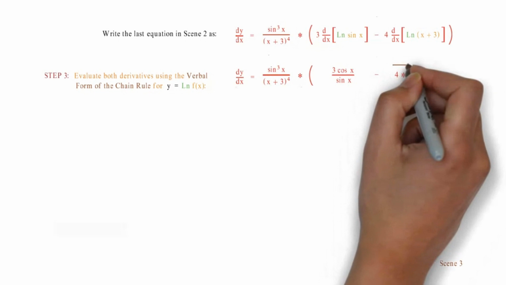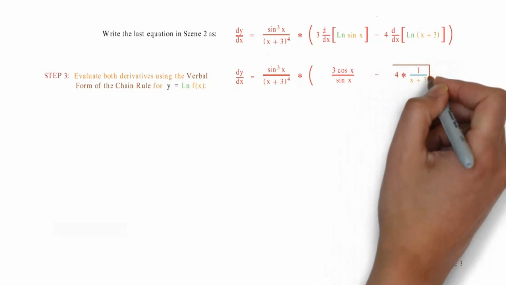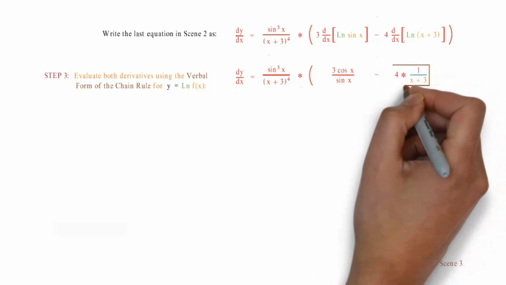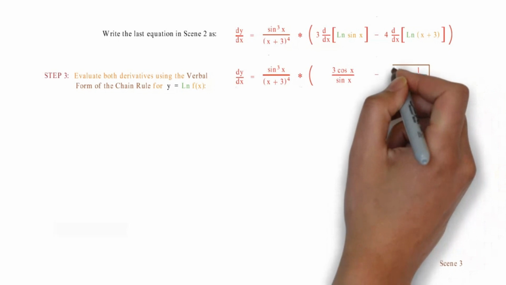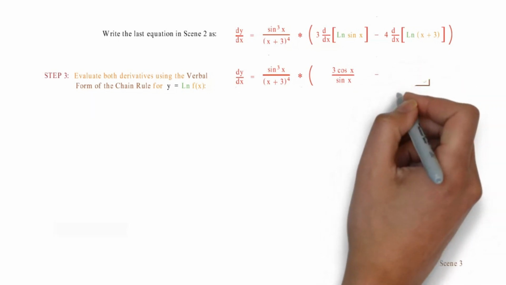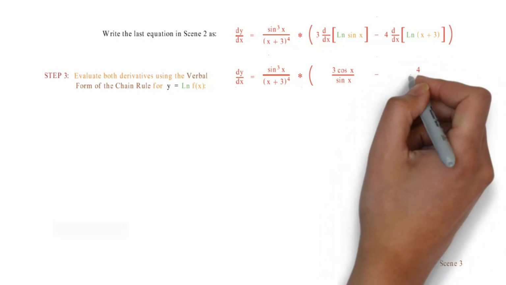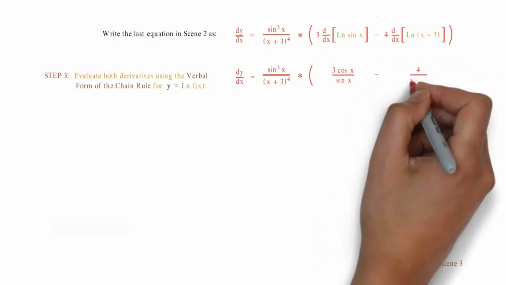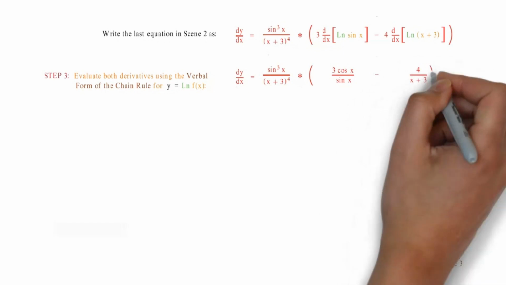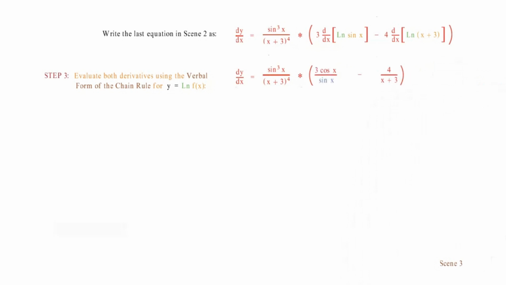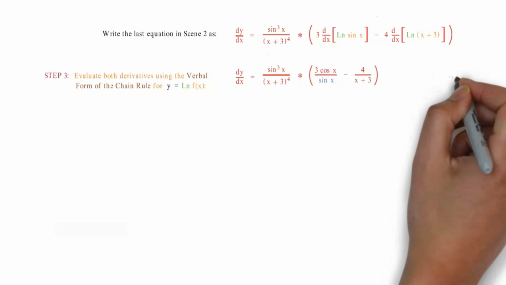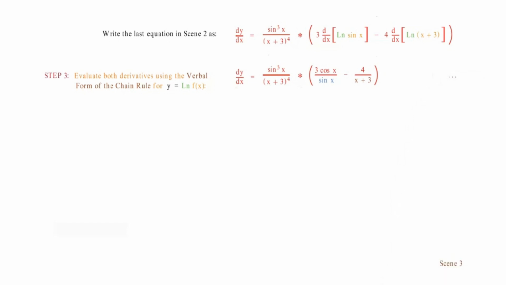So 4 times 1 divided by x plus 3 is equal to 4 divided by x plus 3. Call this equation 1.